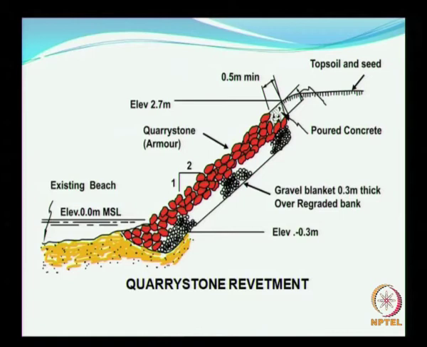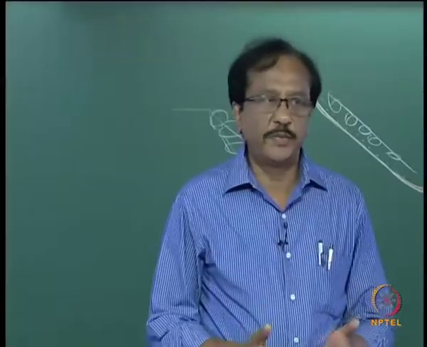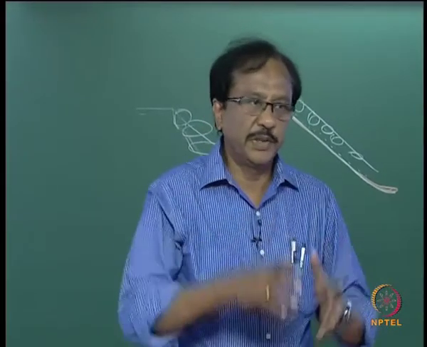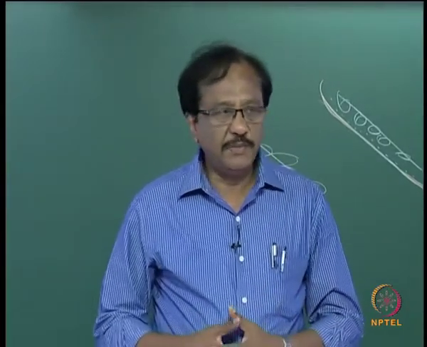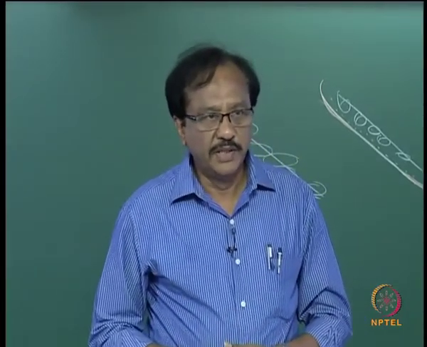So this is a typical construction, the cross section of a revetment taken from the Coastal Engineering Manual, the old Shore Protection Manual. Coastal Engineering Manual was referred to earlier as the Shore Protection Manual, okay. Prior to that it was referred to as TR4. All these things are from the US Army Corps of Engineers.